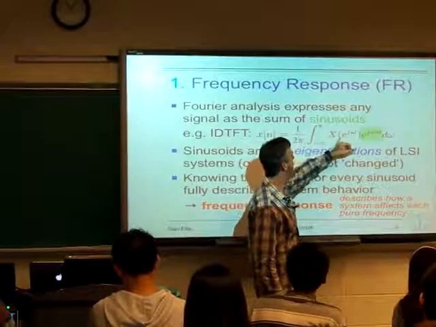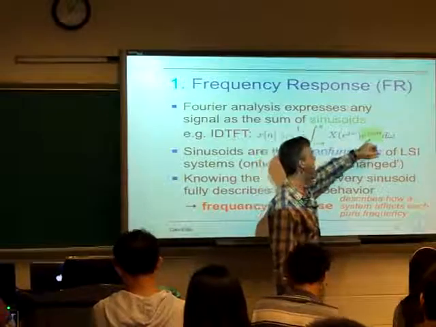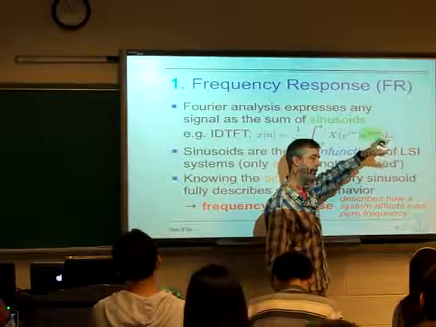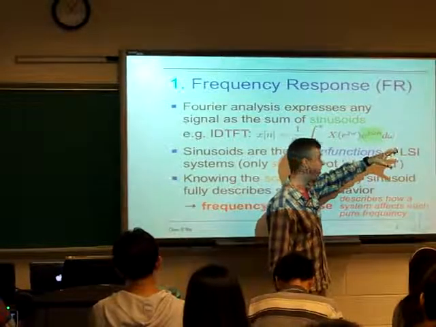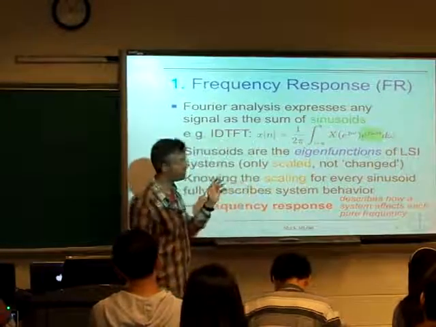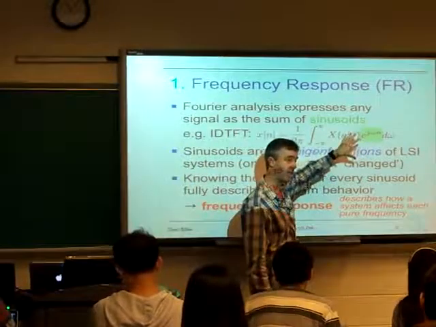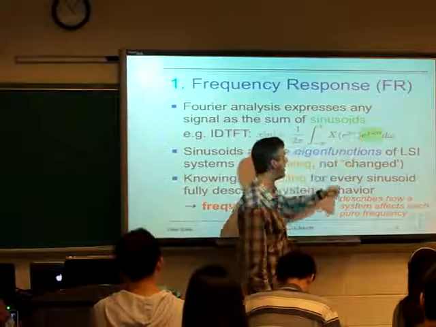And so as a function of omega, X of e to the j omega tells you the magnitude and phase of that particular sinusoid, e to the j omega n, that contributes to x of n. If x of n is a sinusoid, X of e to the j omega is a couple of delta functions, so it literally works, the integral turns into a sum.